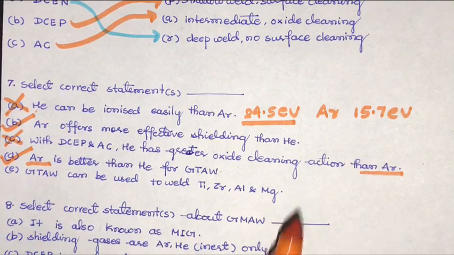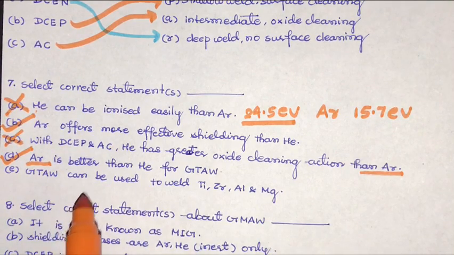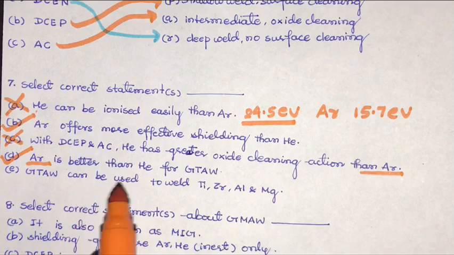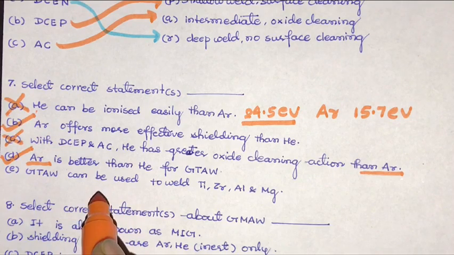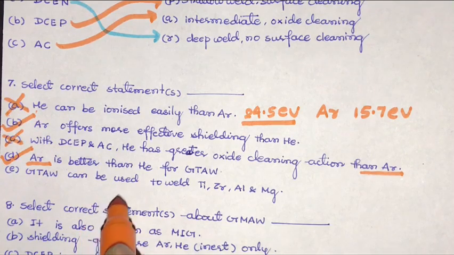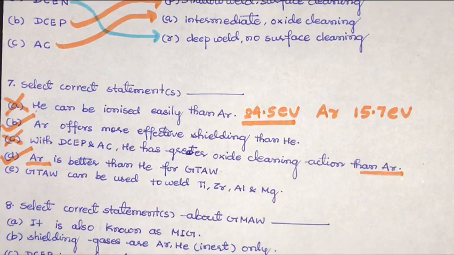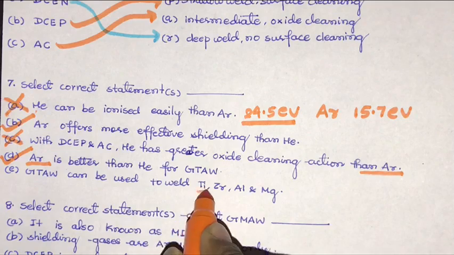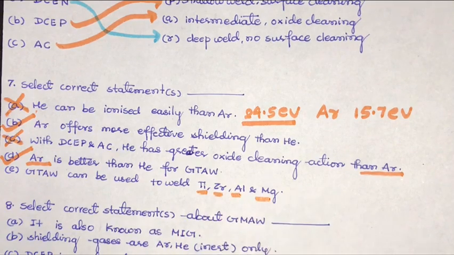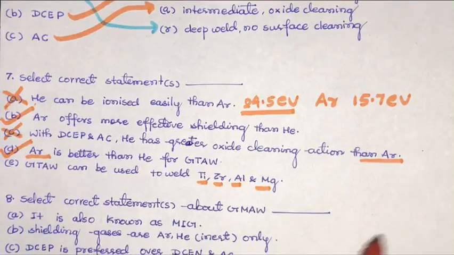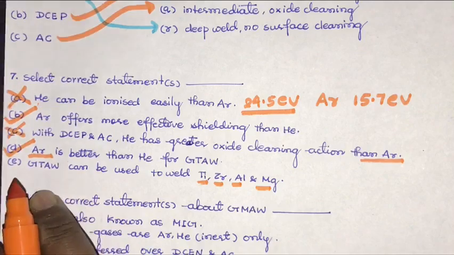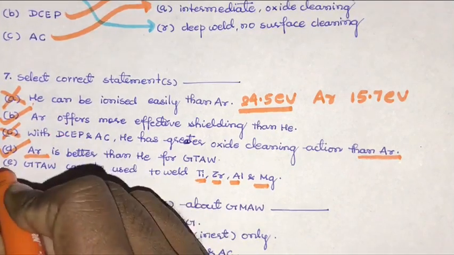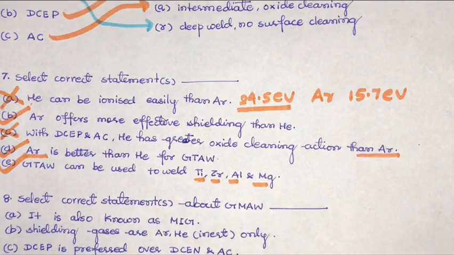Since we know that gas tungsten arc welding is the cleanest arc welding, it can be used for the welding of reactive metals like titanium, zirconium, aluminum and magnesium. These are very reactive metals and they can be welded by gas tungsten arc welding because this is the cleanest arc welding. So this is absolutely correct.